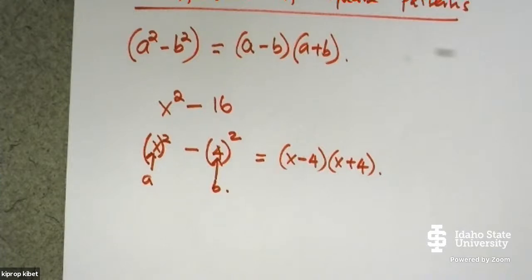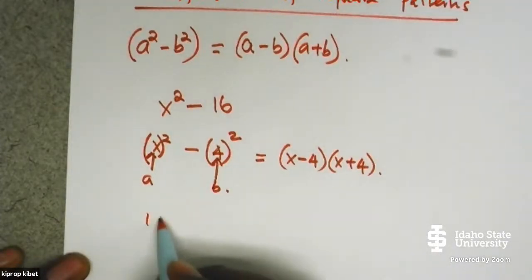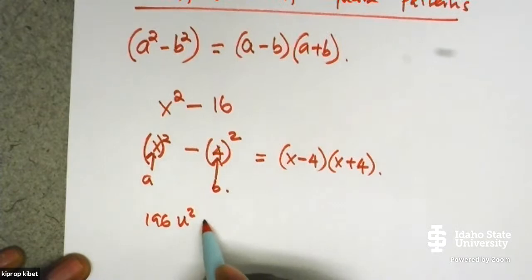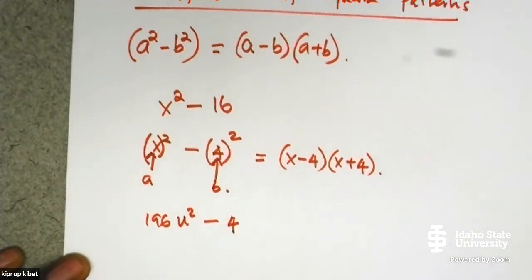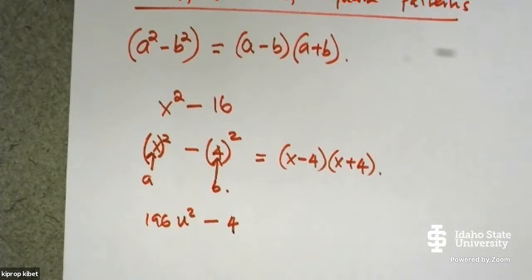Now the example 196u squared minus 4. The square root of 196 is 14, and the square root of u squared is u, so this is 14u squared minus 2 squared.